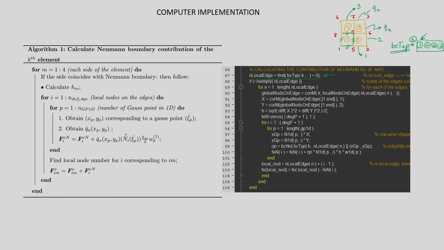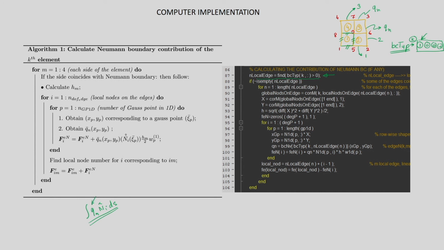So, once we identify the edge number, what are we going to do? We are going to calculate the contribution of the Neumann boundary numerically. So, initially we had Qn, Ni, where Ni and Ni hat are the same, and ds. Alright. So, that is the thing that we had.